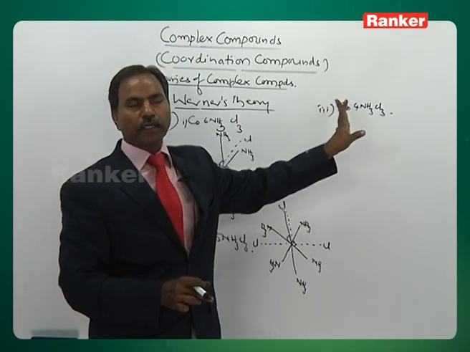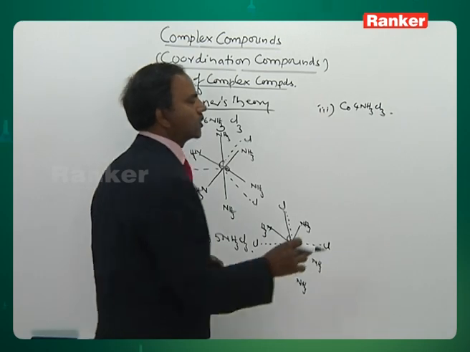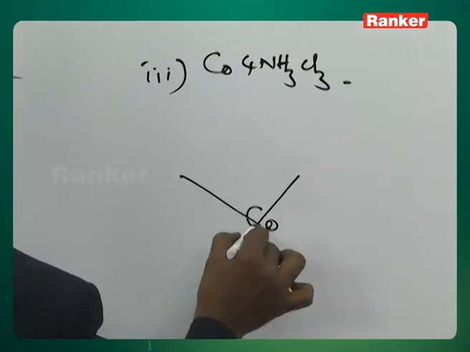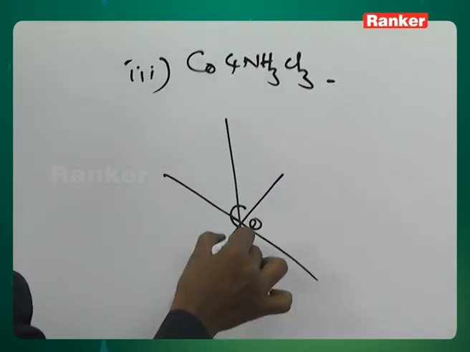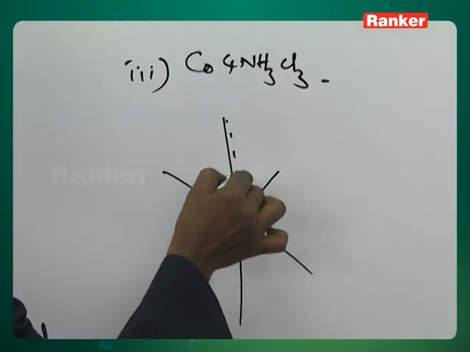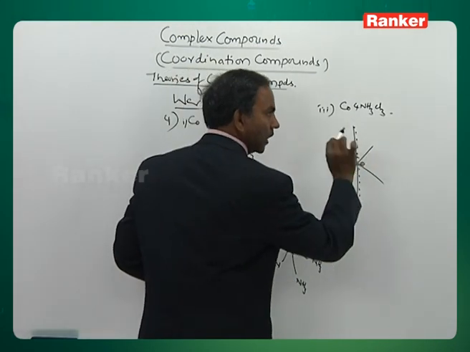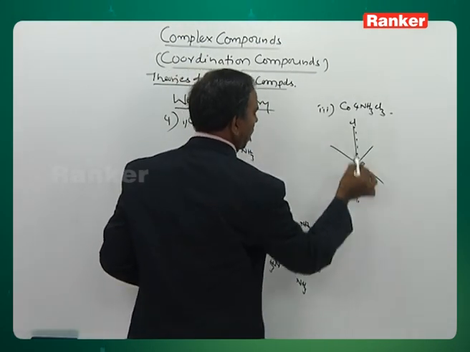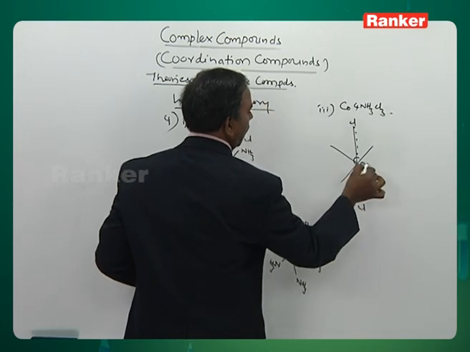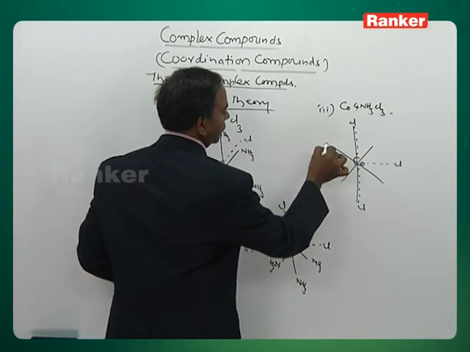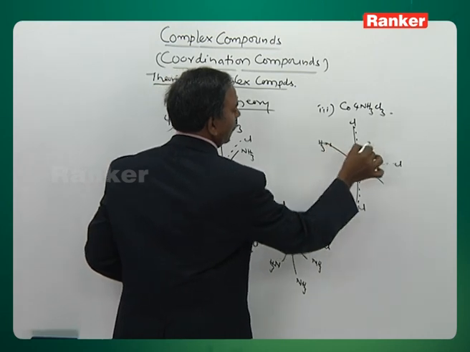Only 4 amines are there, and the remaining 2 ligands have to satisfy both primary and secondary. See how I am writing the complex. The 2 ligands have to satisfy both primary and secondary. Therefore, these are shown by dotted line and solid line. This is the chloro ligand and chloro ligand. One ligand is only satisfying the primary valency. Right, the remaining I am writing, 4 amines.